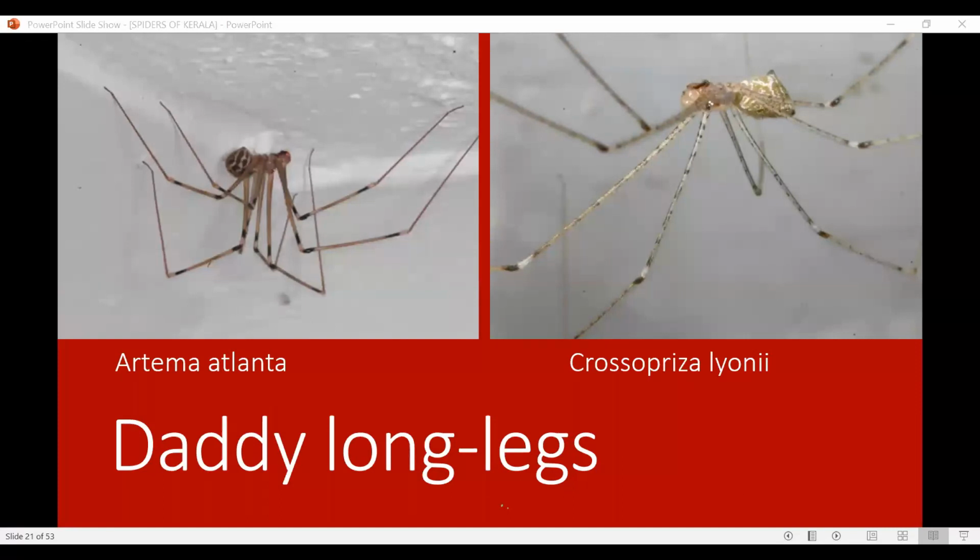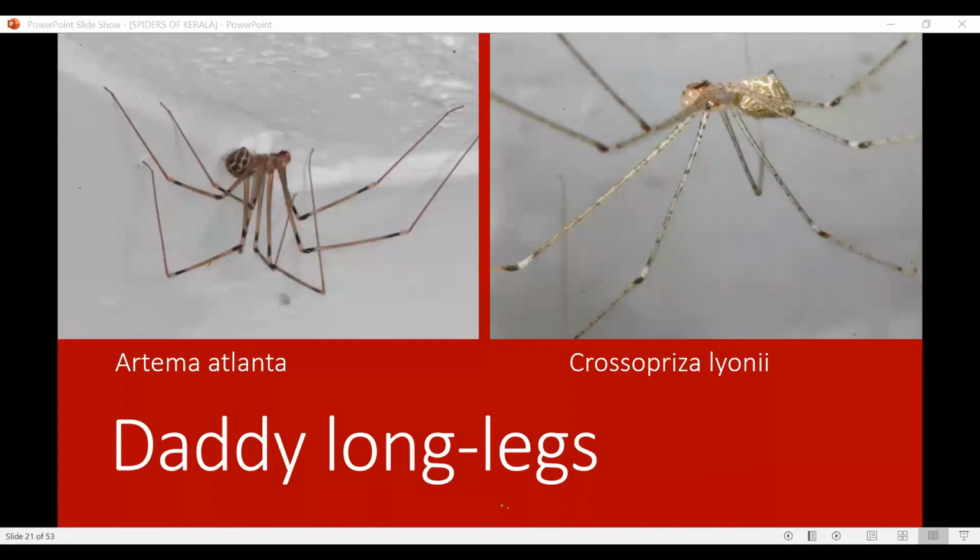In our house, they are very efficient predators of mosquitoes. So if you are cleaning all the spider webs in your house, then indirectly you are increasing the mosquito population. So you have to decide whether you want to keep your house totally clean, or have some mosquitoes, or have more population of mosquitoes.